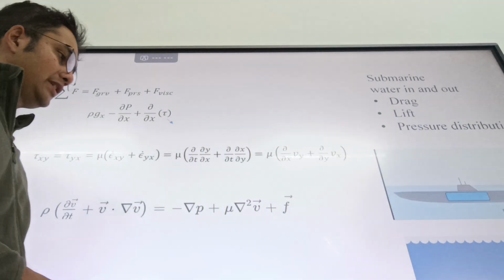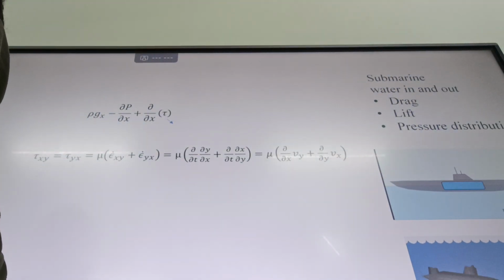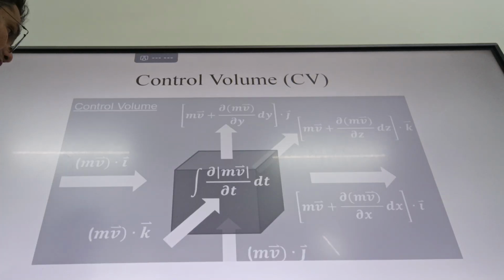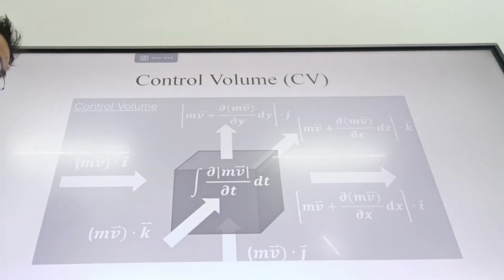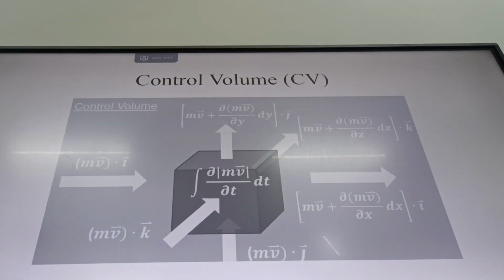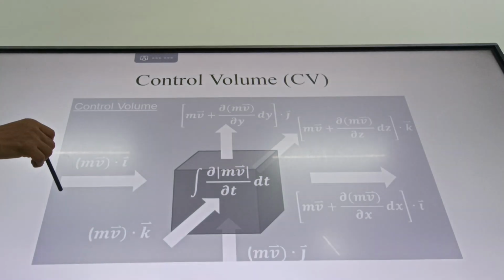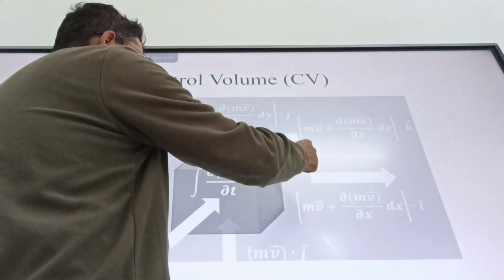Now, let us move back to the control volume. I explained this control volume in the last class. This is the control volume here. A momentum which is coming in a certain direction changes like this after getting past the control volume.